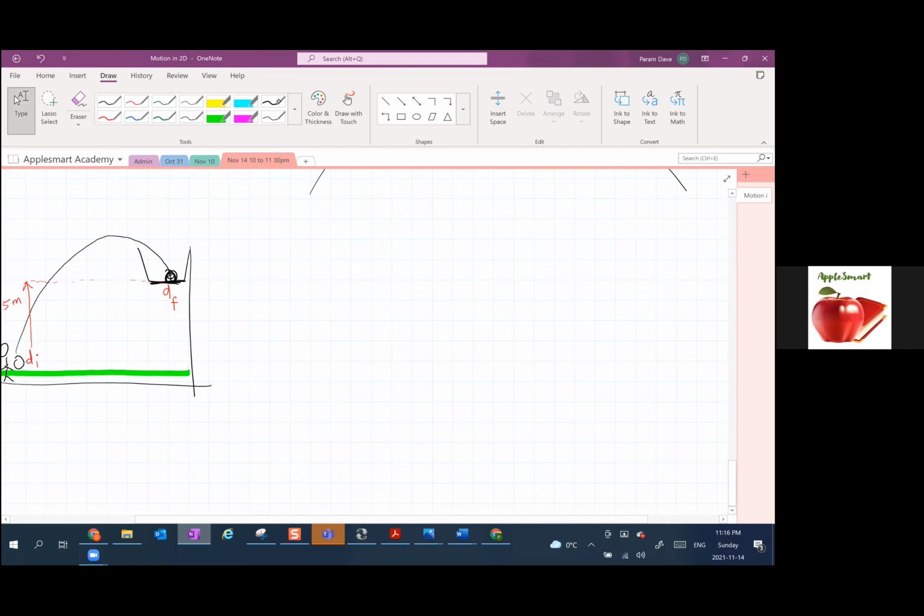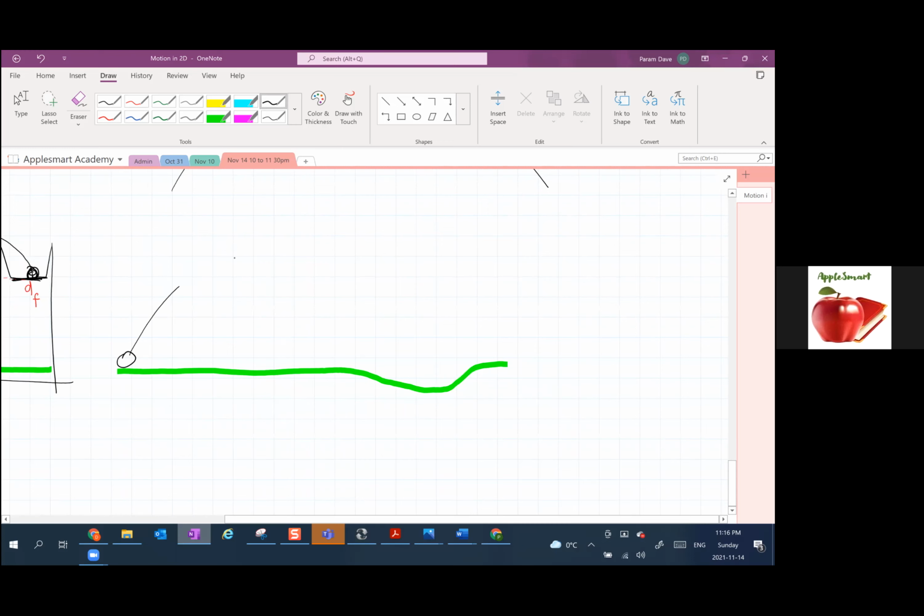In yet again another situation, let's say you kick the ball but then let's say there's sort of like a pit in the ground. So you kick the golf ball, it goes up and then lands down in the pit. Okay, here's where my df is. Here's where my di was. Now you will see that the df is vertically below di by this much distance.